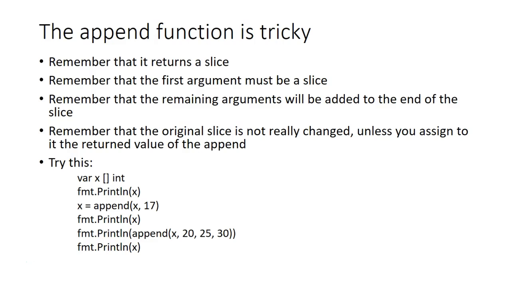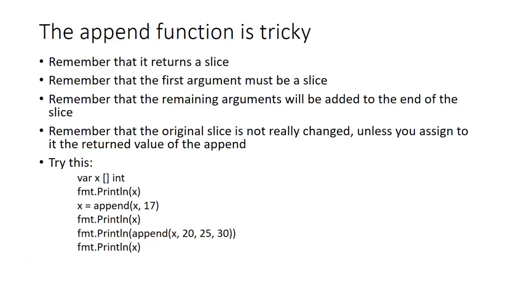So let's walk through these, and I'm going to type these all into the Go Playground, and you can too. But walk through this and tell me what's going to happen. First line, we'll read it in English. I'm creating a variable called x that is a slice of integers. So we get a slice created. I don't know how big it is, but it's as big as I want.